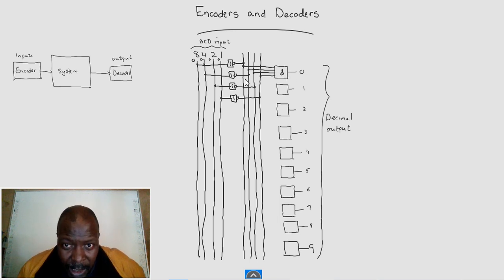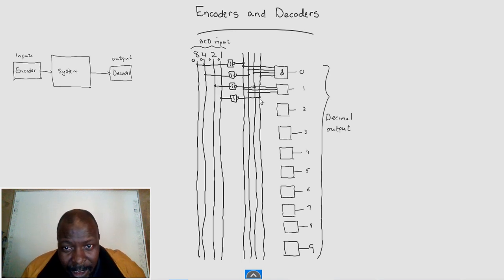That's the whole point. Now, for the 1, I need a not 8, I need a not 4, I need a not 2, and I need a not 1. No. I need a 1.